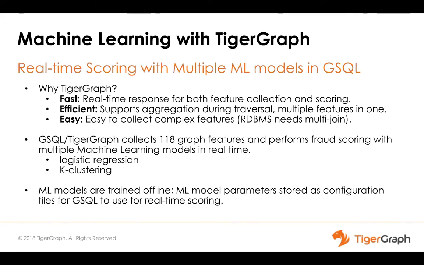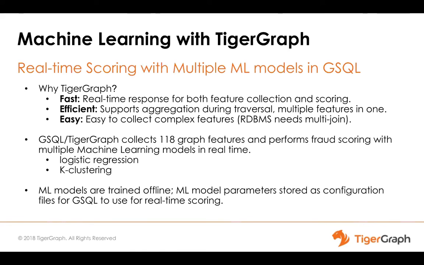So for the machine learning for China Mobile, we collected 118 graph features using our queries. And we performed the fraud scoring with multiple machine learning models in real time.